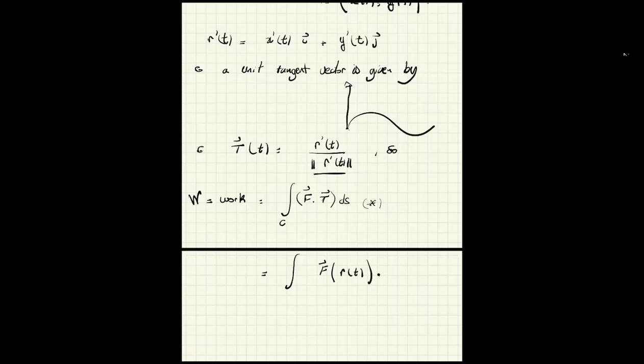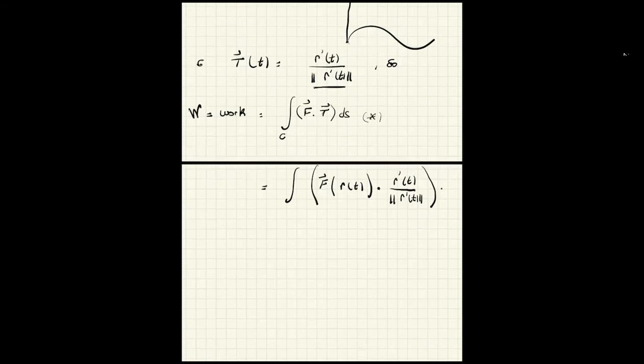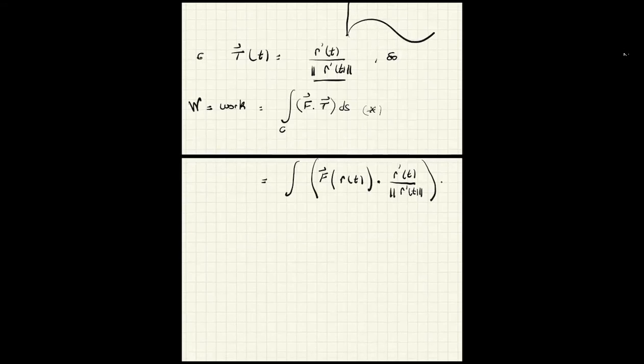So what is this? This is just r'(t) divided by the norm of r'(t), okay? And what is ds? Remember what is ds? ds is the square root of x'(t) squared plus y'(t) squared dt.